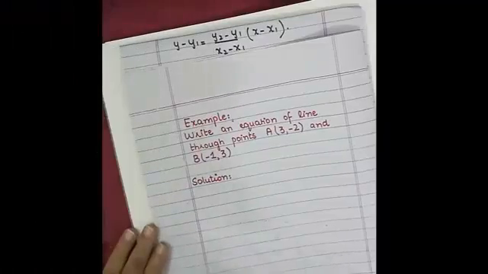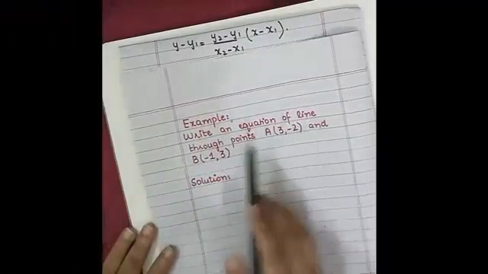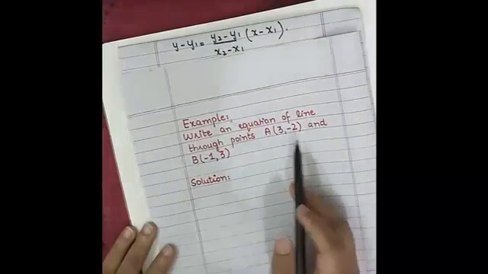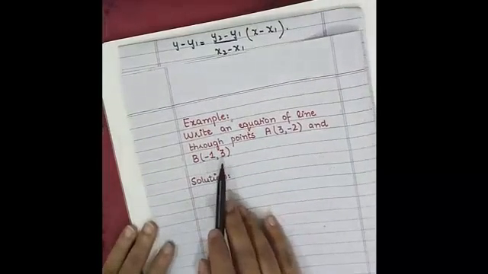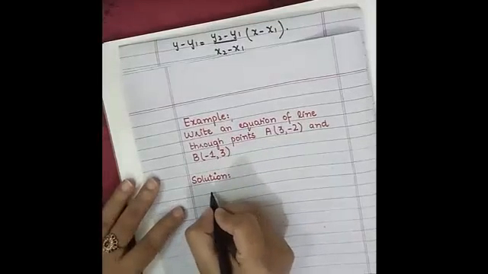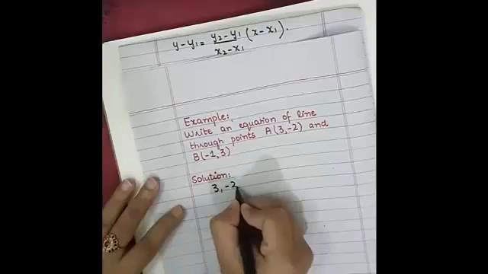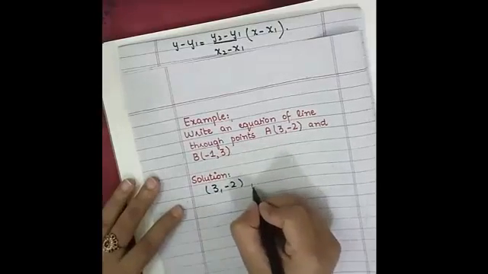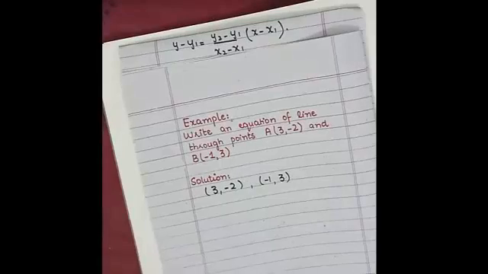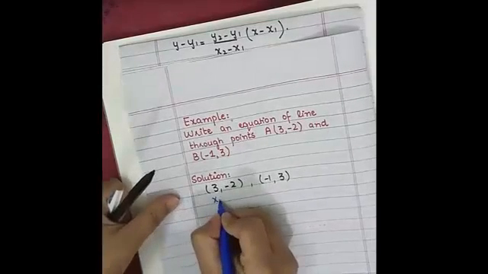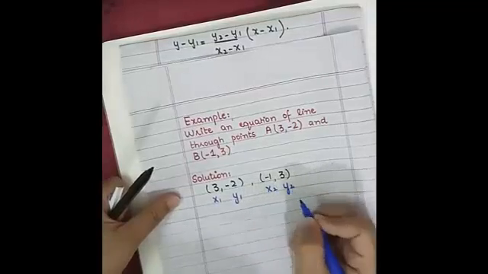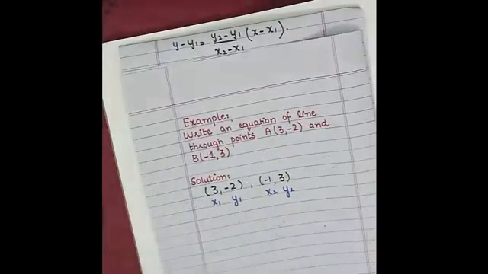Let's take another example. Write an equation of the line through points A (3, minus 2) and B (minus 1, 3). So this is 3, minus 2 and minus 1, 3. This is x1, y1, and this is x2, y2.